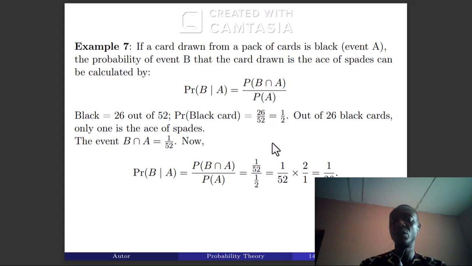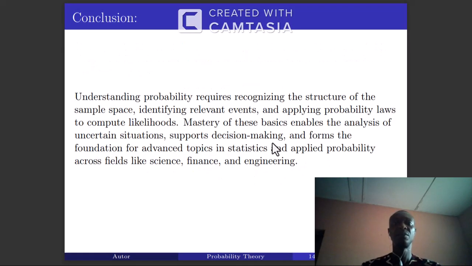First you get the probability of B, get the probability of A, then you find their intersection. That's exactly what we did here. So the probability of B intersection A divided by the probability of A is 1 over 52 divided by 1 over 2. If you solve that, you have 1 over 26.